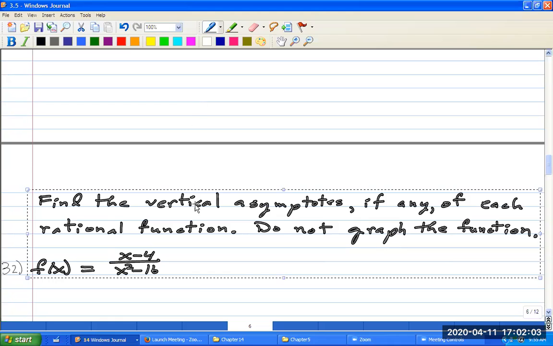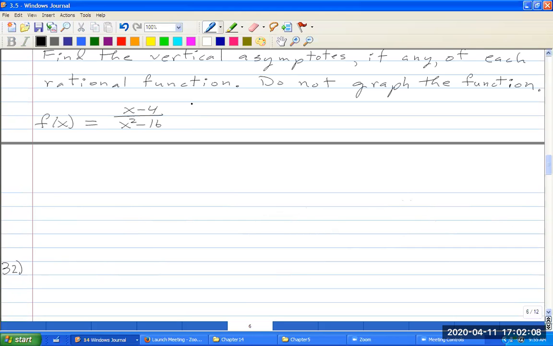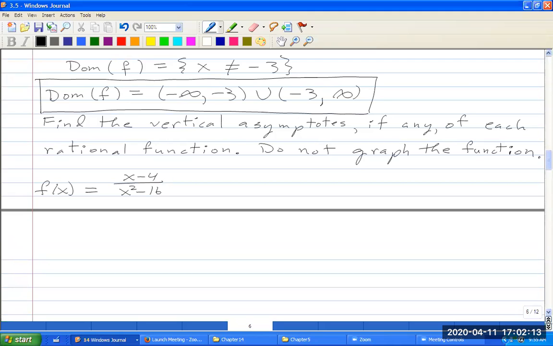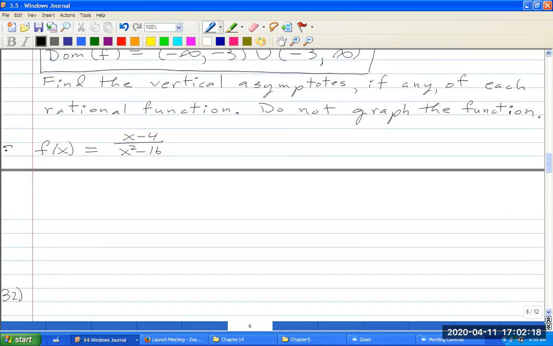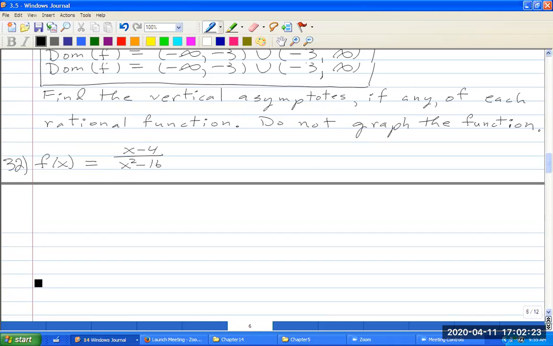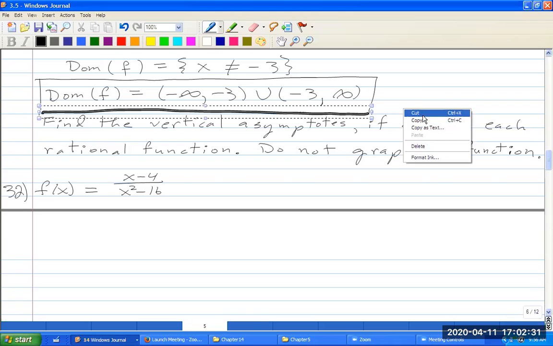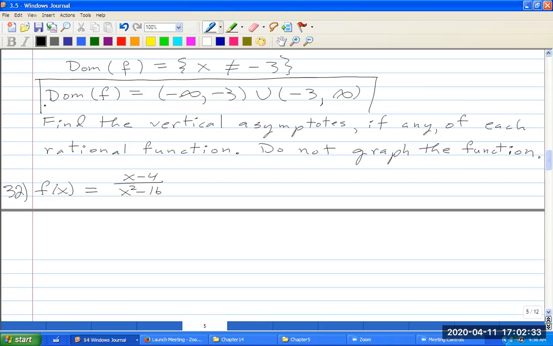Okay, so this is problem number 32. Let me get rid of this for one second so I have a little bit more space.